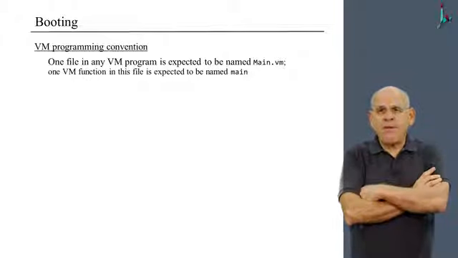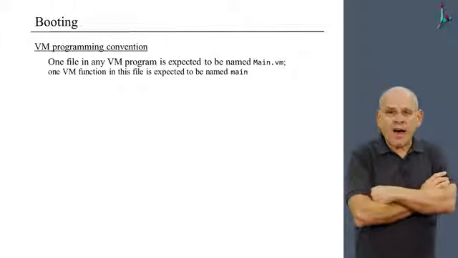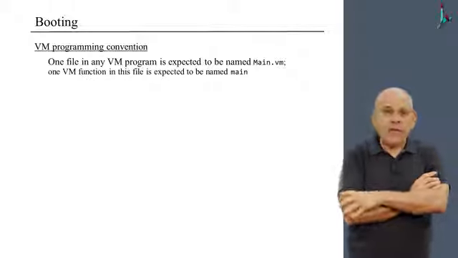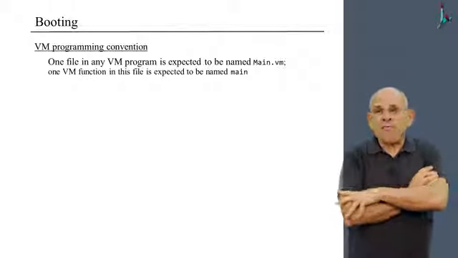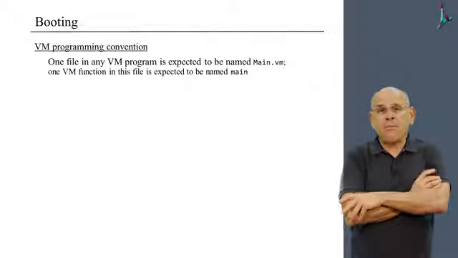First of all, there should be a VM programming convention. And the convention is that one file in any VM program must be named main.vm, and one VM function within this file must be named main.